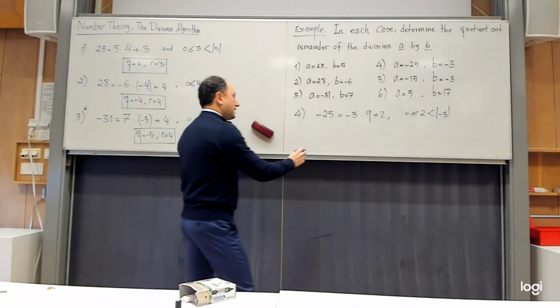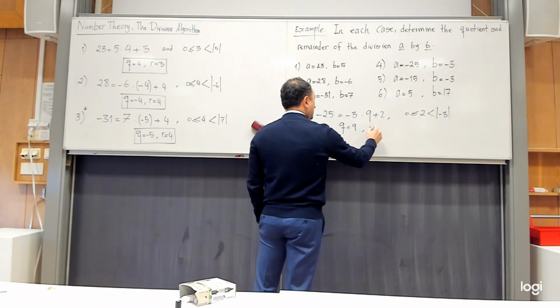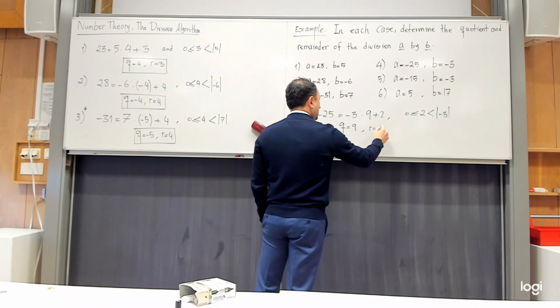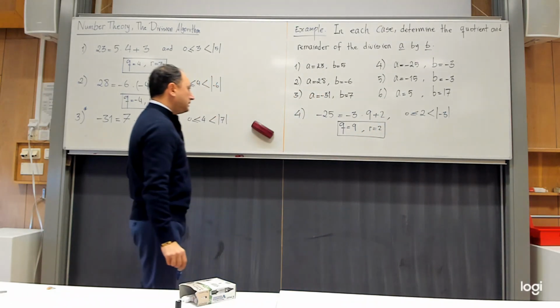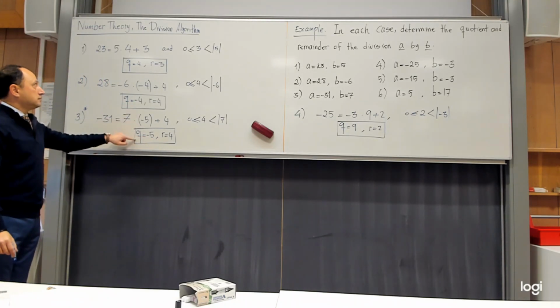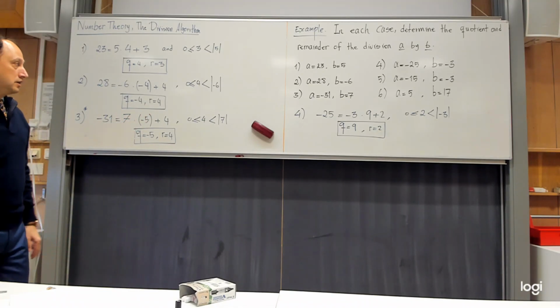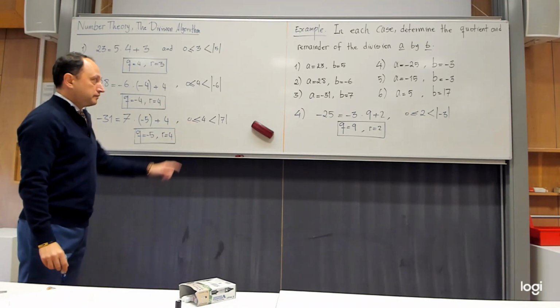So this means that Q is 9, R is 2. So here you see Q, the quotient, can also be sometimes negative. But R cannot be negative. R has to be non-negative.